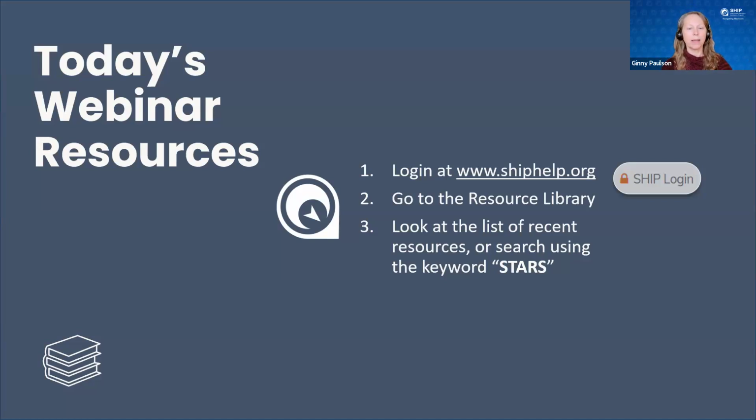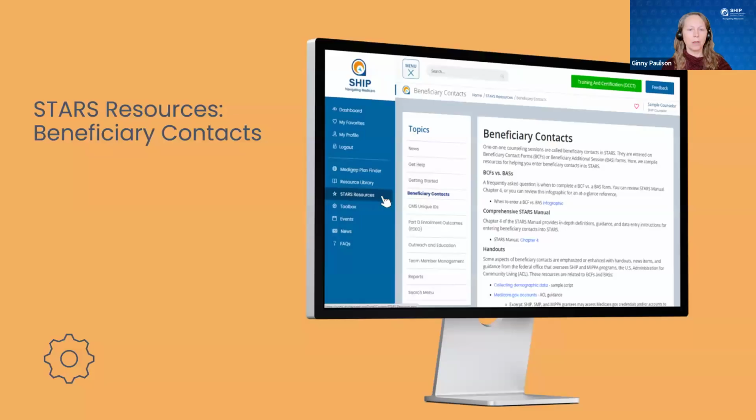If you're going into the library after several days or even weeks, you may need to do a keyword search. So you could use STARS, for example. You could use beneficiary. It's best to use fewer words, by the way, if you're using this search in the library. However, we do have a STARS resources toolbox, and we expanded it at the end of December and in January to include subtopics.